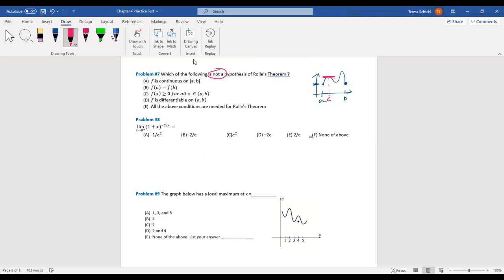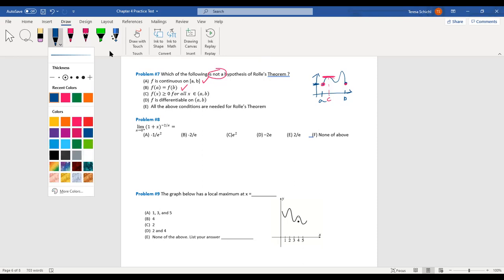f has to be continuous, that's right, because you cannot have discrete, and this is a key condition, right? f(A) has to be equal to f(B), so these two points have to be equal. f greater than 0 for all x in AB? We don't have to, because you can still have Rolle's theorem like this. Let me give you another graph here.